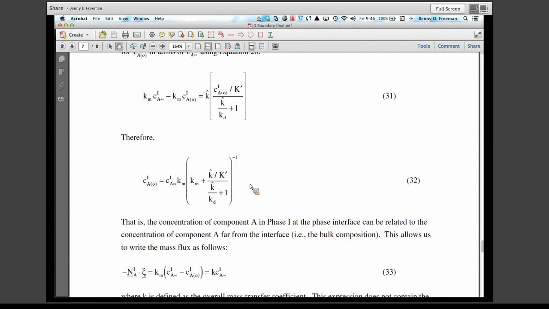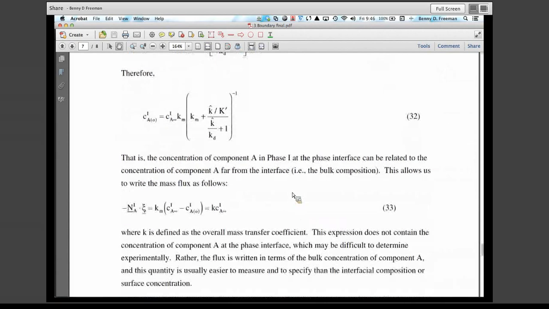Now, this can be reorganized into something that's perhaps a little more familiar to you. If we write the mass flux as the mass transfer coefficient times Ca infinity minus Ca zero, and further define an additional mass transfer K as the overall mass transfer coefficient, then I write the flux of A to the surface just in terms of Ca infinity.